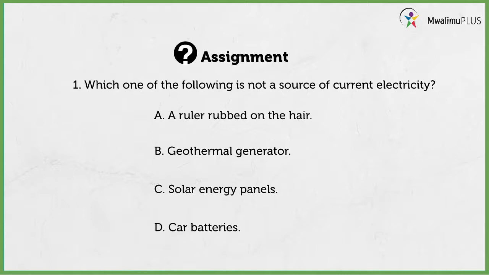D. Car battery. So, learners, which choice did you write? Good. The correct choice is a ruler rubbed on the hair. A ruler rubbed on the hair will not produce what we call current electricity, but it will give us static electricity.